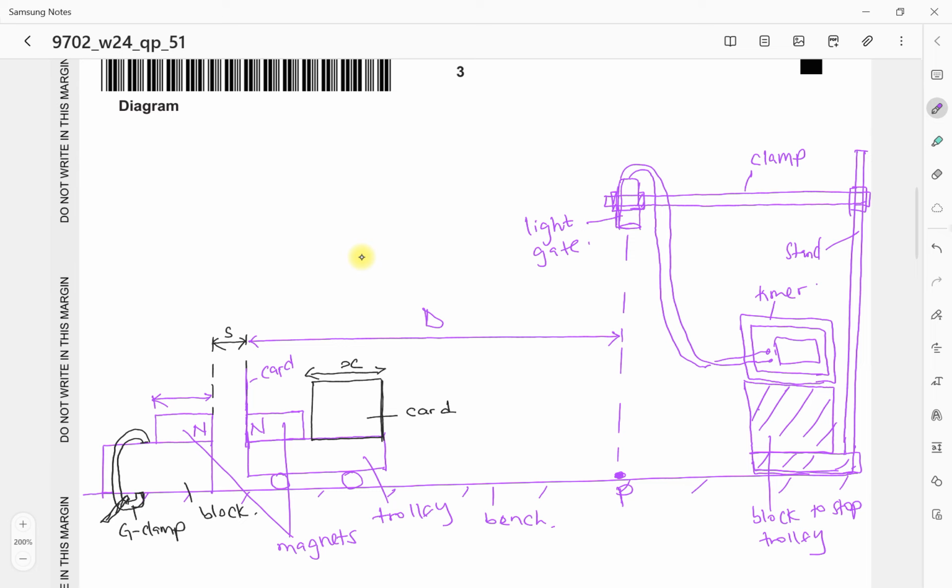Then let me just ignore the block that I would place here to hold the trolley, because I can hold the trolley in my hands after measuring a distance S. Then I release the trolley so that it now moves. So I think I've drawn almost everything that I need for this experiment to be successful.